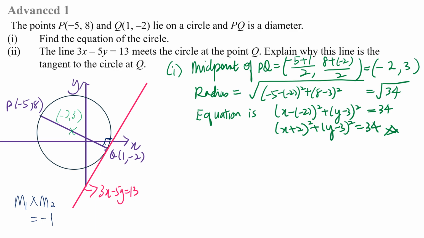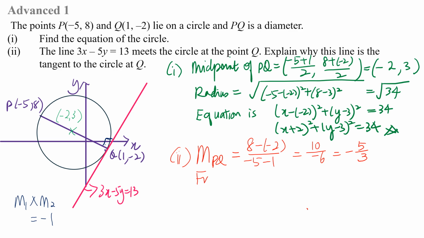All right, so we're going to find the gradient of PQ, which is y2 minus y1 over x2 minus x1. That gives you 10 over negative 6, which is negative 5 over 3. And then from the equation of the red line, we're going to rewrite it in the form y equals mx plus c, so that we can fish out your gradient.